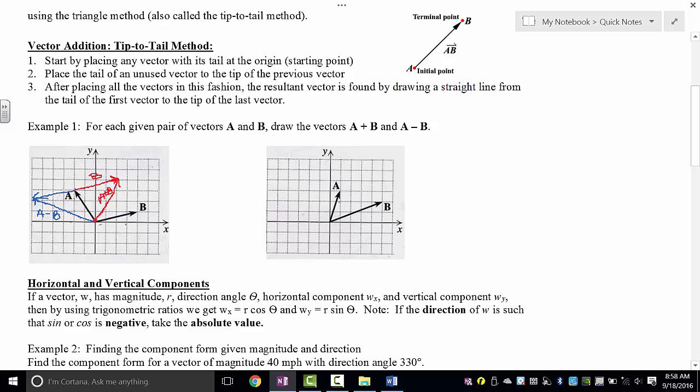So, for the next example, we have B, rise 2, run 5. So let's first do A plus B. Rise 2, run 5.